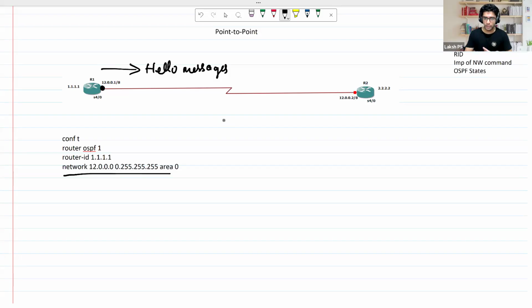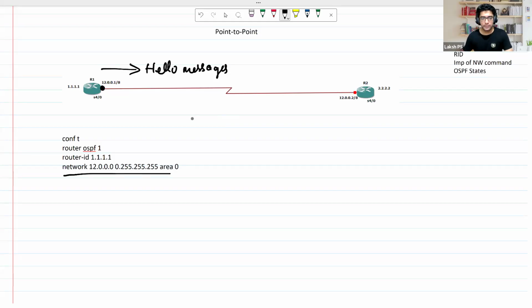So when you meet someone, you say hello, hi, then you introduce yourself, and then you say you work here or you live here, etc. All that introduction. So similarly, when using a network command, if the network command is successfully executed, OSPF is enabled on that interface, and OSPF sends OSPF hello messages to that interface.